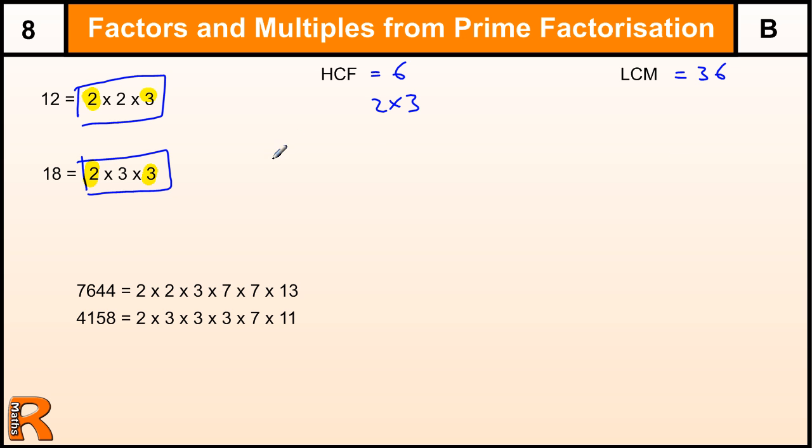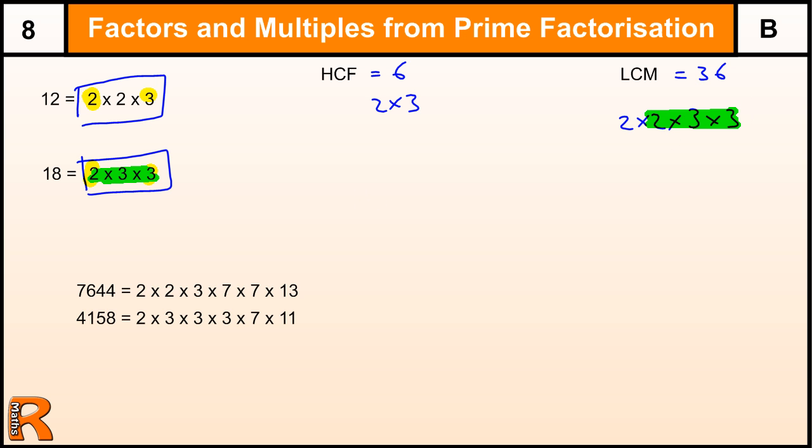The 36, well, we're looking for a number that both of these go into. If I just write 36 out as a product of primes, that's 2 times 2 times 3 times 3. Okay, so if we look at the 18, our 2 times 3 times 3 is part of the number 36.